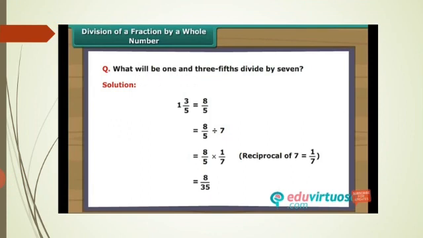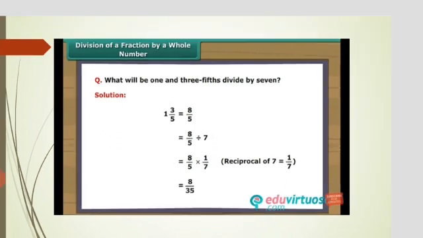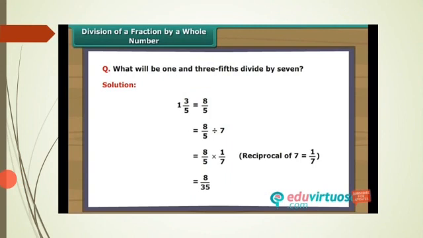Then divide by 7. You take the reciprocal of the second number, so 7 by 1 becomes 1 by 7. Then multiply the product of numerators over the product of denominators. So 8 by 35, that is the solution.